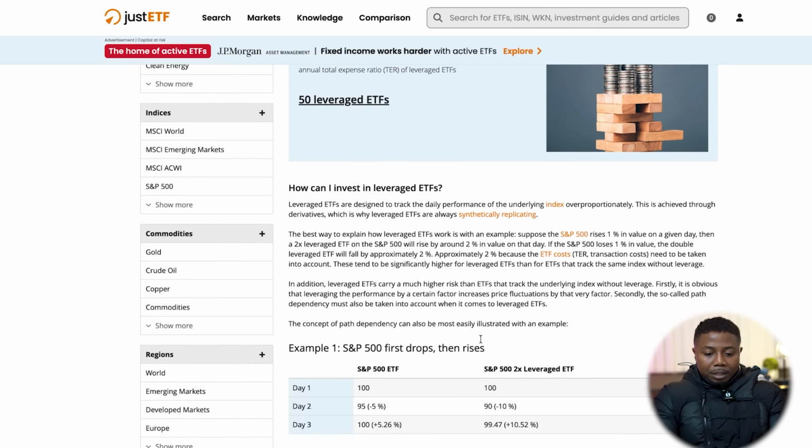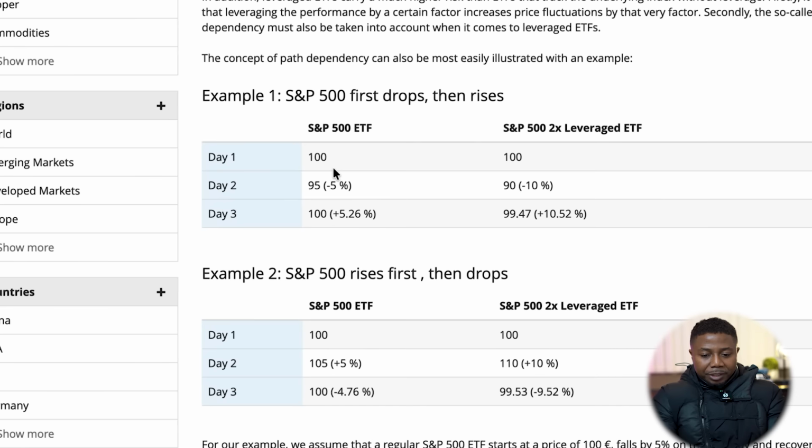So if we use some of these here, you can see what I'm demonstrating. On day one, the S&P 500 ETF, say we started on £100, and the leverage, in this case they're using a 2 times leverage, that's also starting on £100. Say on day 2, that S&P 500 ETF goes down by 5%.